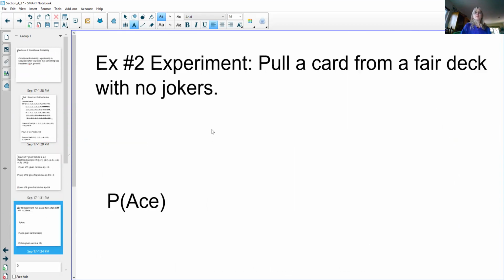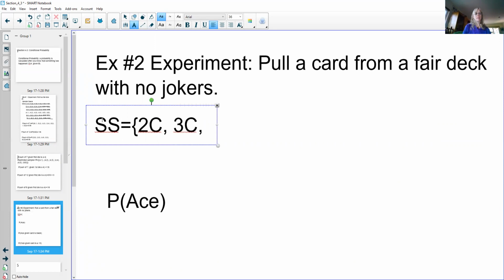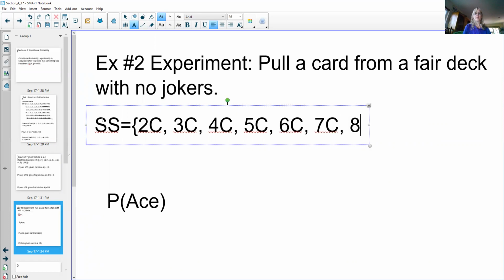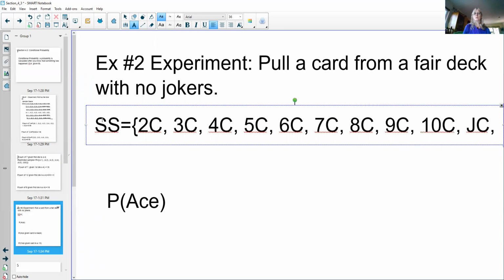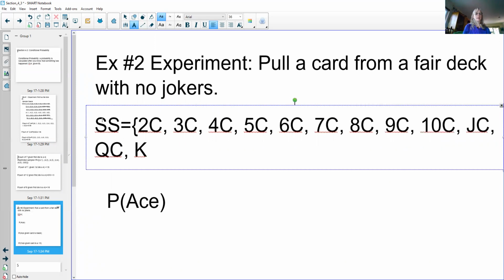Let's do another experiment. Let's pull a card from a fair deck with no jokers. So again, we're going to first start off with what is our sample space. Our sample space would be all the cards. So the 2 of clubs, the 3 of clubs, the 4 of clubs, the 5 of clubs, the 6 of clubs, 7 of clubs, 8 of clubs, 9 of clubs, 10 of clubs, Jack of clubs, Queen of clubs, King of clubs, and Ace of clubs.